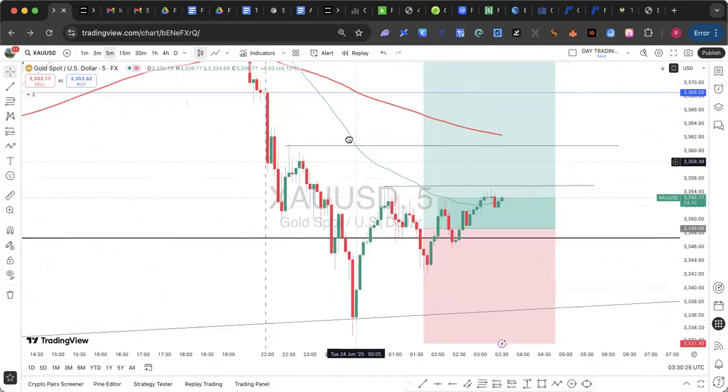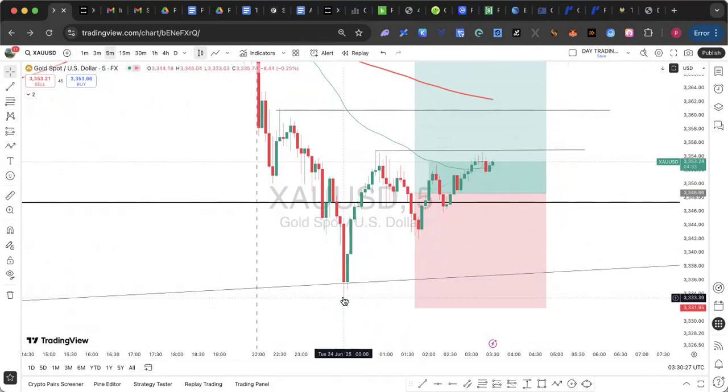Now, by market structure, this low is called LL. Let me quickly show you. Let's do this. So this is called LL, okay? And why is it called LL?